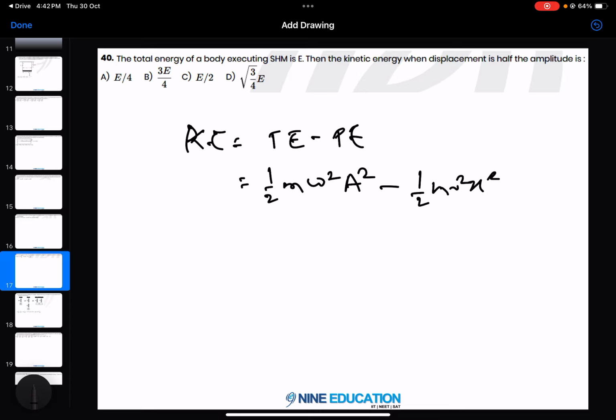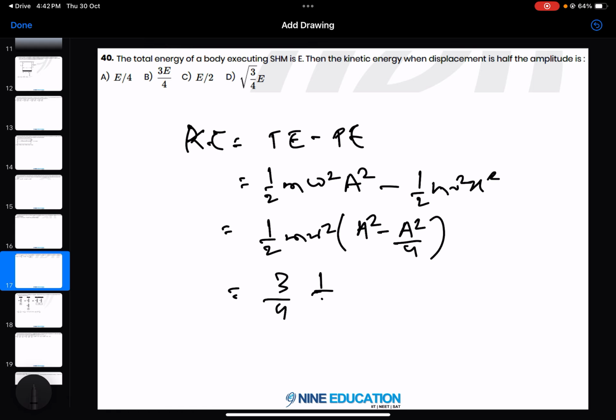K is m omega square. So half m omega square into a square minus x square, given x value is a by 2, so x square is a square by 4. So this will be 3 by 4. 1 minus 1 by 4 will be 3 by 4, half m omega square a square, which is total energy, so it will be 3 by 4 E. Option B.